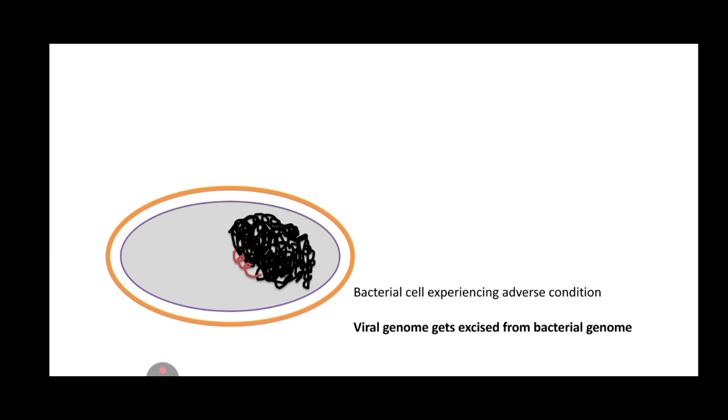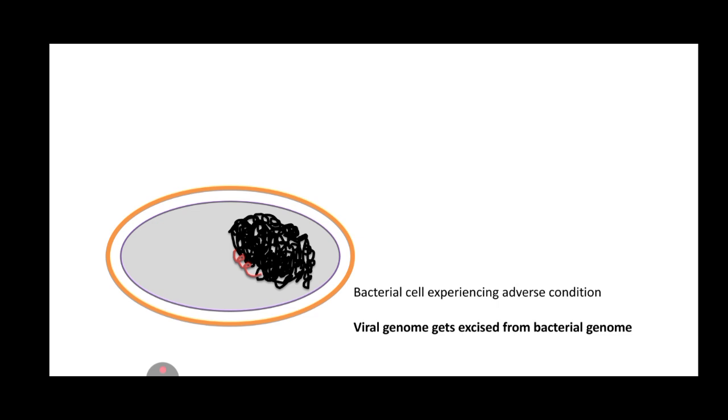And here comes the major turning point. What is to be noted? We know that upon excision, the lysogenic cycle is converted into the lytic cycle. But generally, the excision is very formal, very precise.